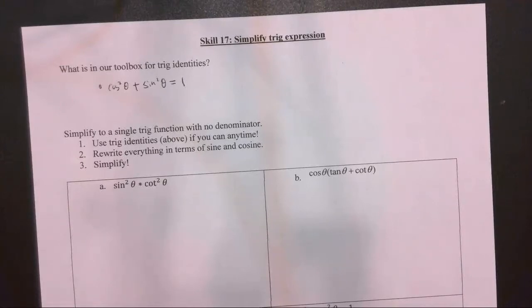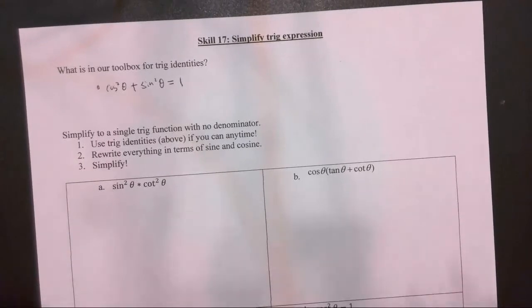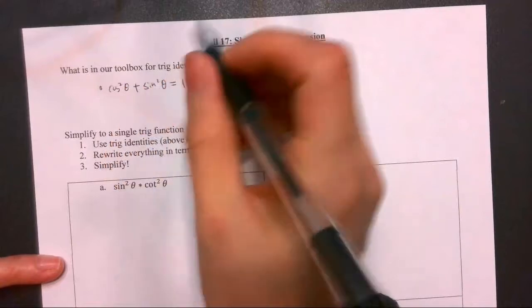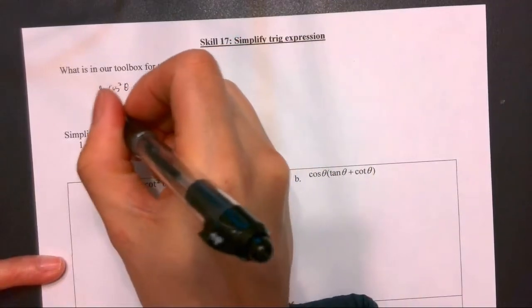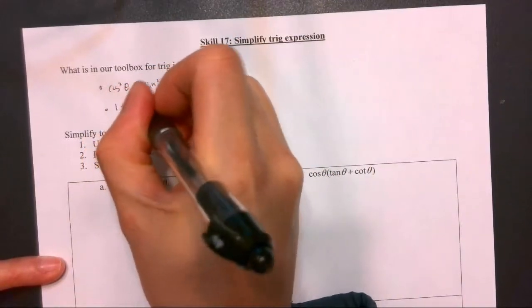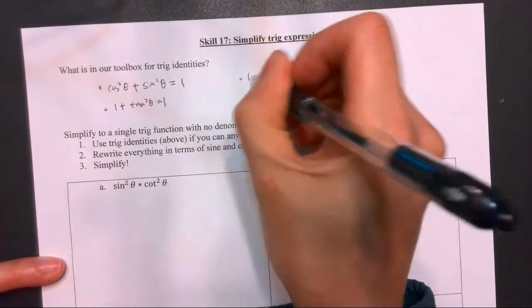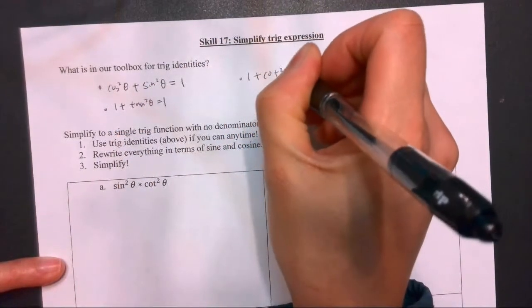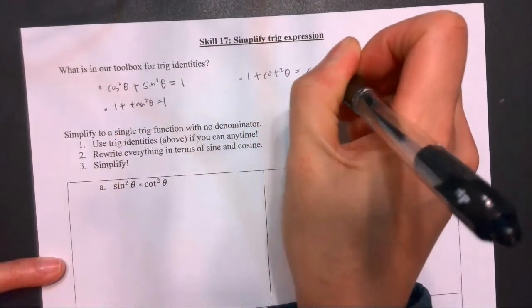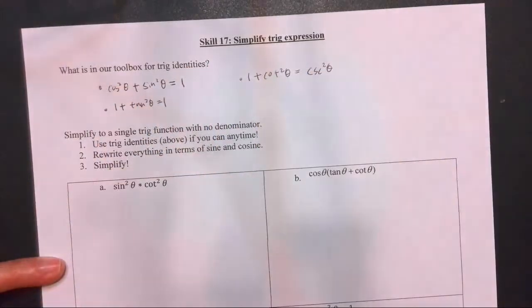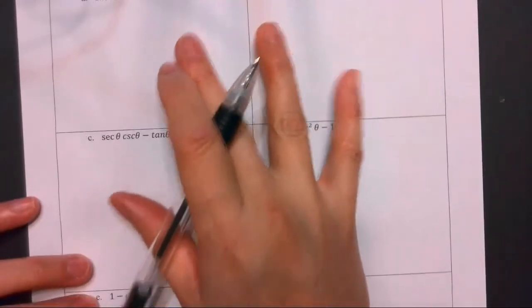We also learned two more trig identities that are important as well: 1 plus tangent squared theta is equal to secant squared theta, and 1 plus cotangent squared theta is equal to cosecant squared theta. Okay, so we're going to use those three to simplify all the 6 expressions that you see below.